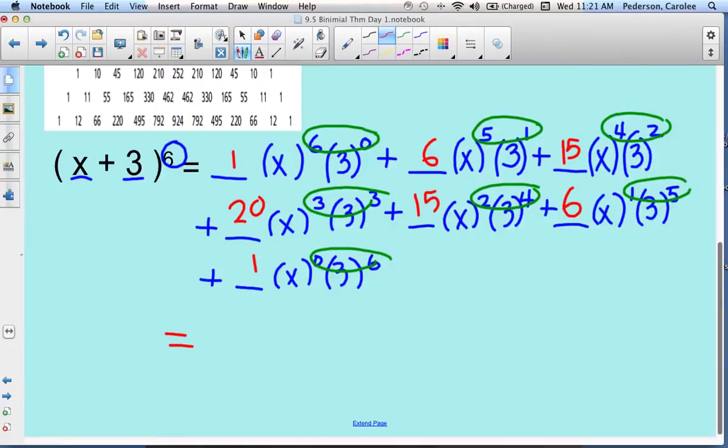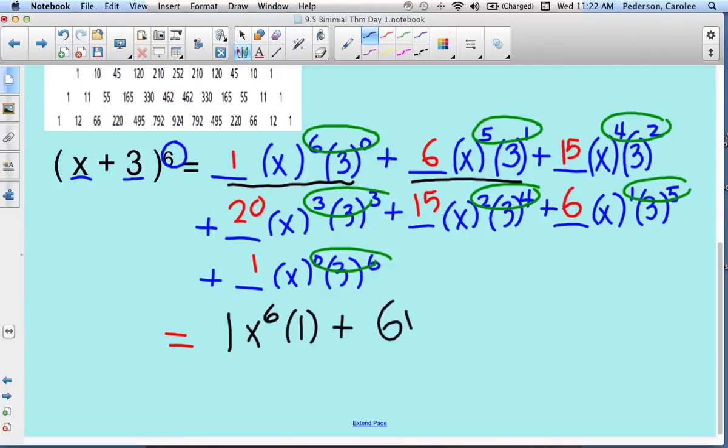So in this first piece, I have 1, x to the 6th, and 3 to the 0 power is just 1. Now in the next piece, I have 6, x to the 5th, times 3 to the 1, which is 3, plus 15, x to the 4th, and then 3 squared is 9.